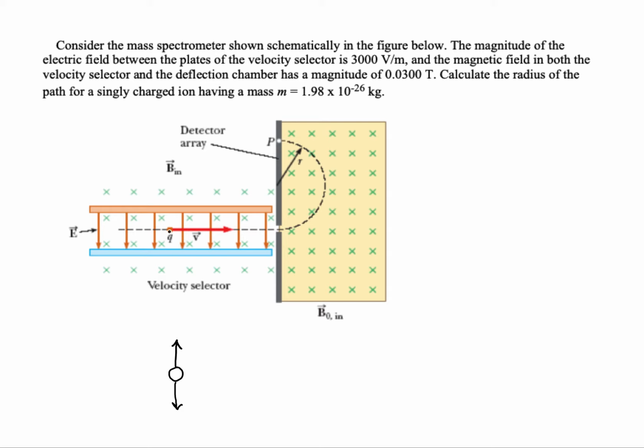So, we've got a particle of charge Q that is moving with velocity v through this velocity selector. We see that the field is directed downward, which means that the top plate must be a positively charged plate.